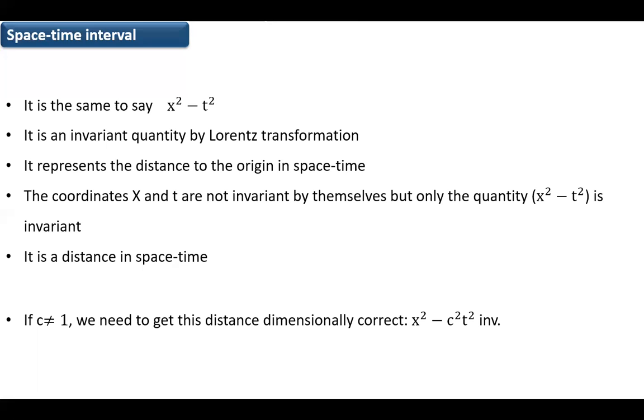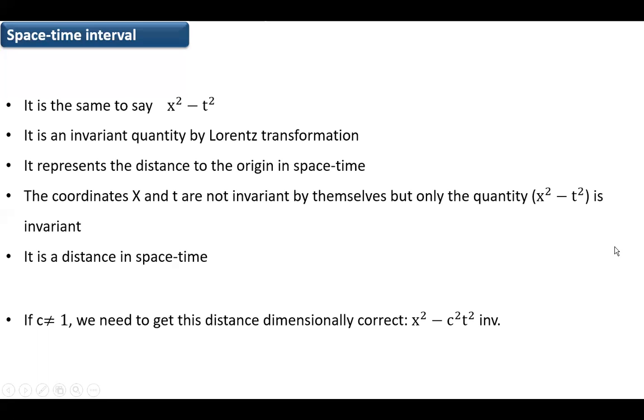And you know that x and t are not invariant by themselves because x is different from x prime, t is different from t prime, but the quantity x squared minus t squared is the invariant. So it is a distance in space-time.